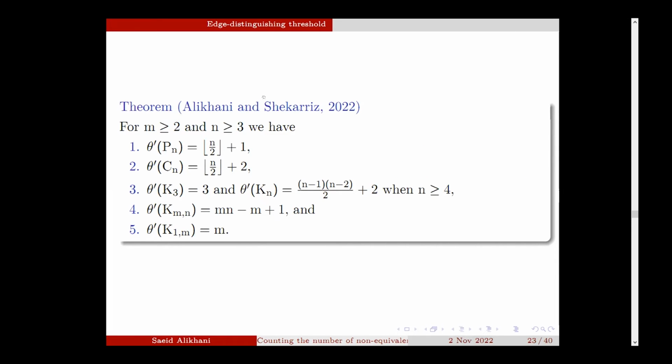And similar to the vertex version of the distinguishing threshold of a graph, we have this theorem about theta prime of some specific graphs, such as P_n, C_n, and so on, that are not so difficult to prove.